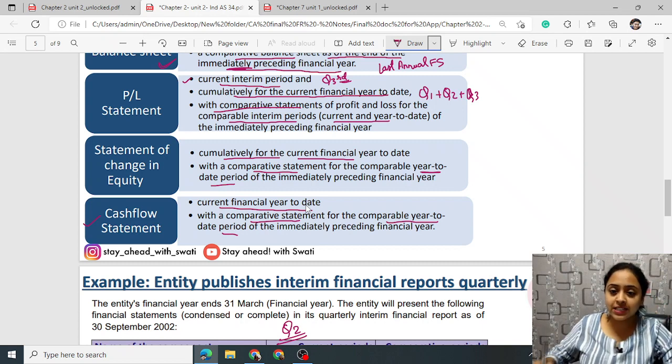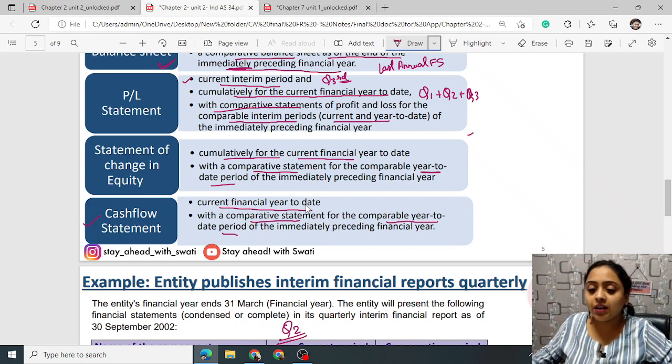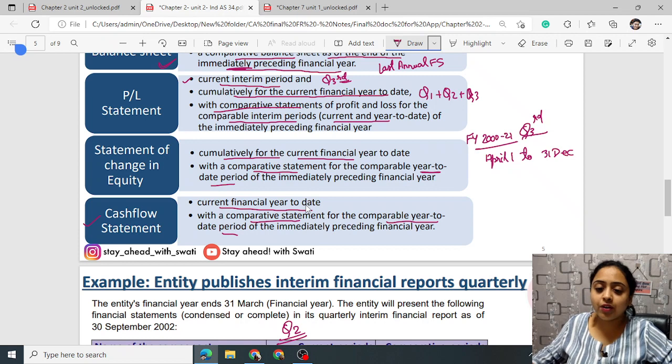Okay, so for example, if we talk about financial year 2020-21, then you have to show, for example, for third quarter, what you need to show? From April 1 to 31st December of current year.